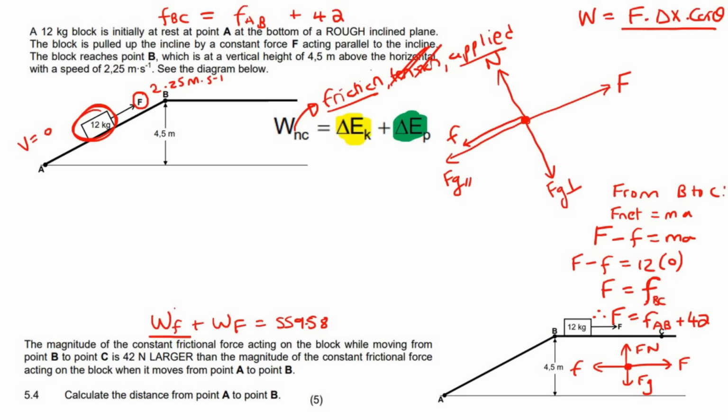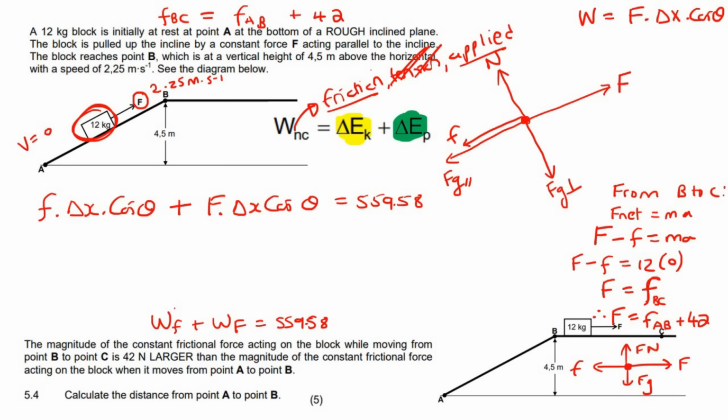That means I'm going to replace the F with friction, Δx cos θ, plus, now I'm going to use this formula over here: the force, Δx cos θ, and that's equal to 559.58.